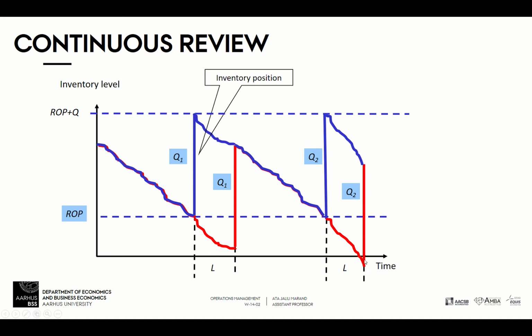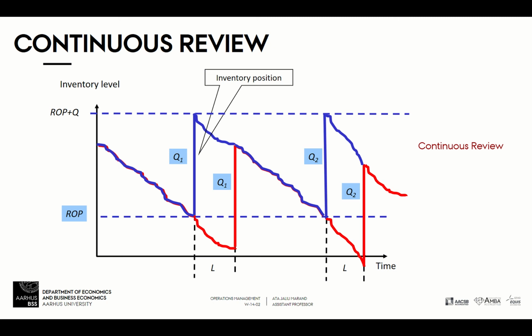So this is the amount that is back ordered, and when we receive a new order we will first satisfy the back-ordered demands, and then the rest of the items will go into our inventory. So we will have an increase of our inventory level by Q2 units. As time goes by, the same story will repeat again.